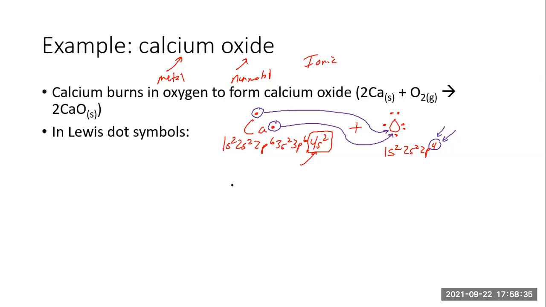The result of that is, as we see, calcium has now lost 2 electrons and now has 2 more protons than electrons. And it's at that point, once those electrons have transferred out, that it becomes a positive 2 charge. The oxygen will pick up those 2 electrons and put them into the p subshell.